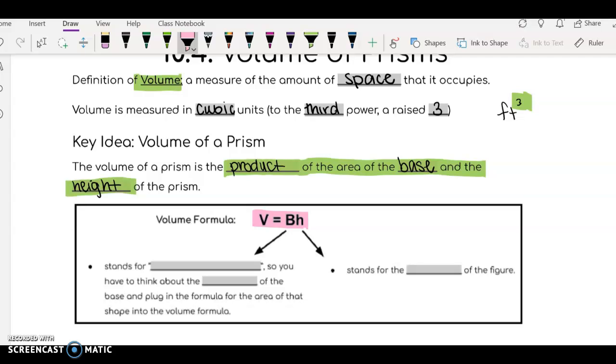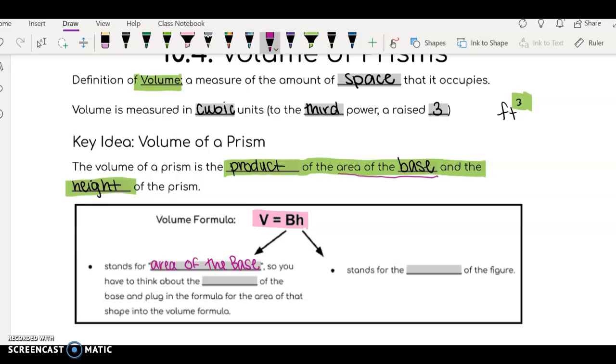So the reason it's a capital B is because we're doing the area of the base, like we said up here. And then we just multiply that times the one height. So this giant B, like I said, stands for the area of the base.